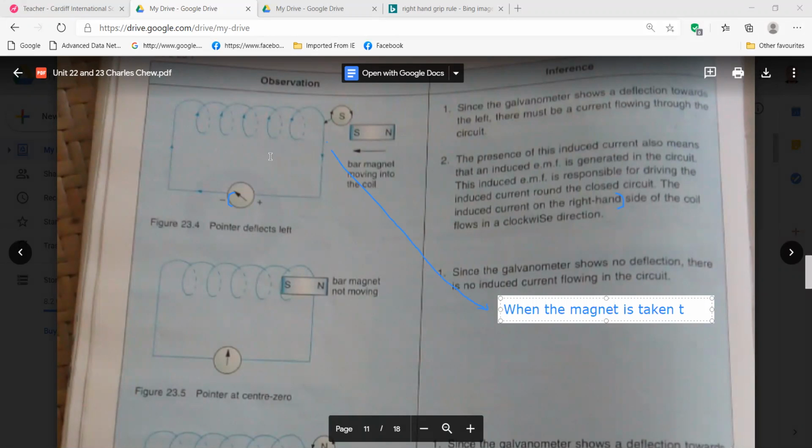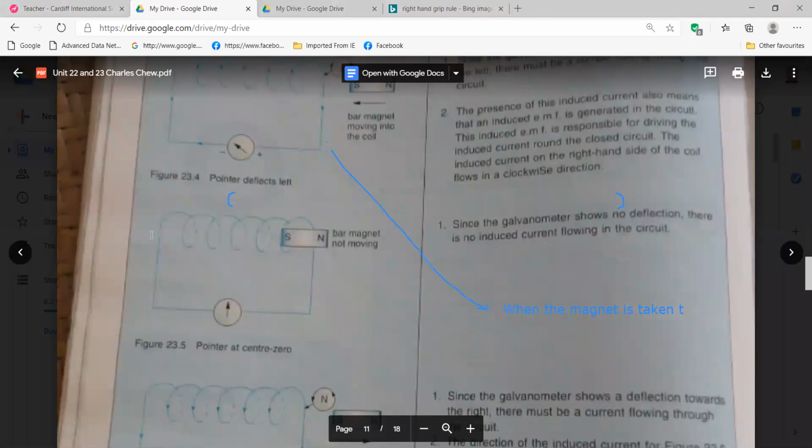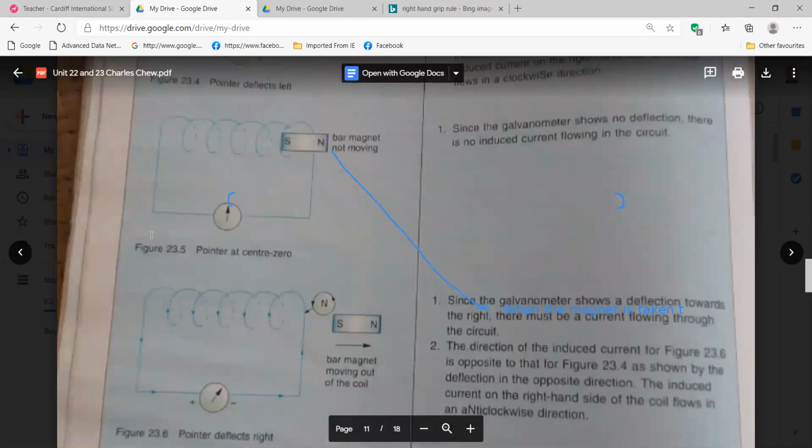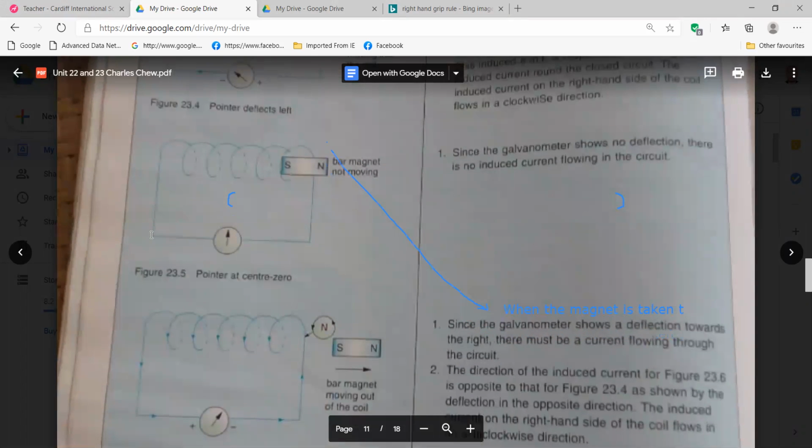And when you are drawing, you must show it properly. One second, I am writing. Now I have to rewrite. Okay, look.